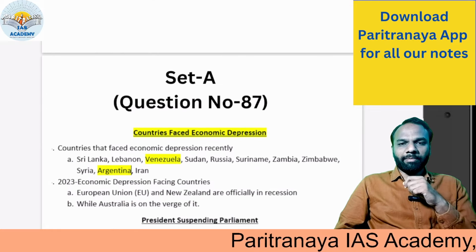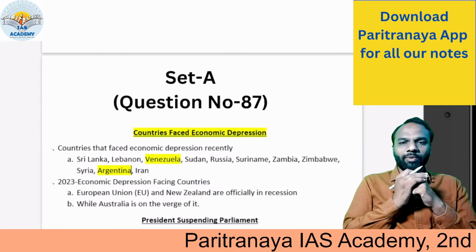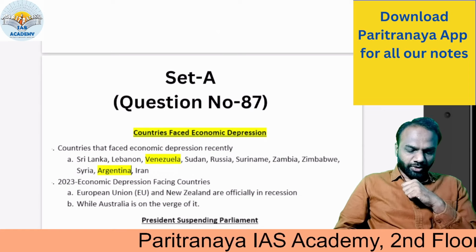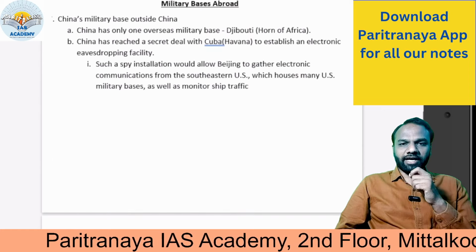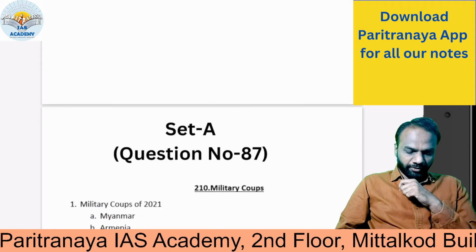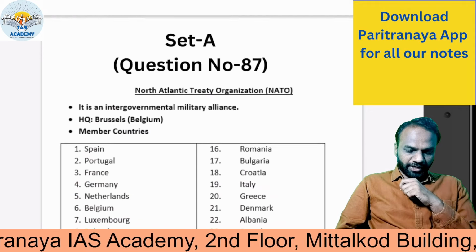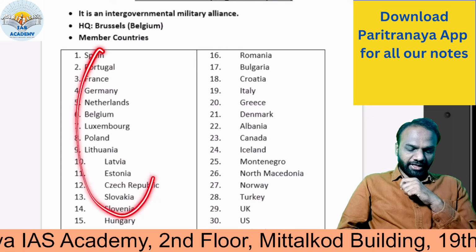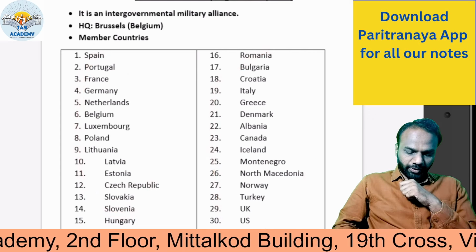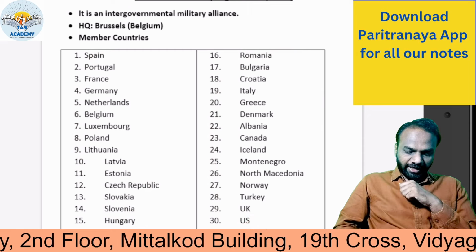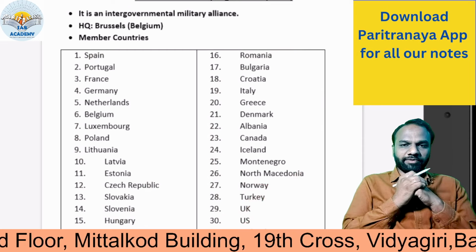Ukraine should not become a member of NATO. This is the basic reason why Russia attacked Ukraine. So it is important to know which countries are members of NATO. These are the 32 countries which are members of NATO, and Turkey is one among them.